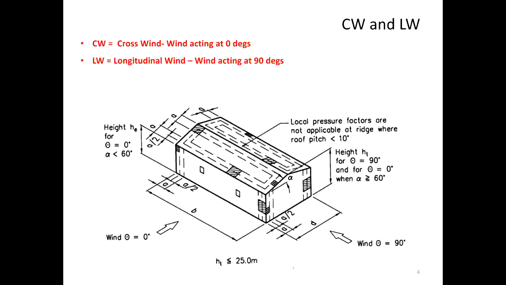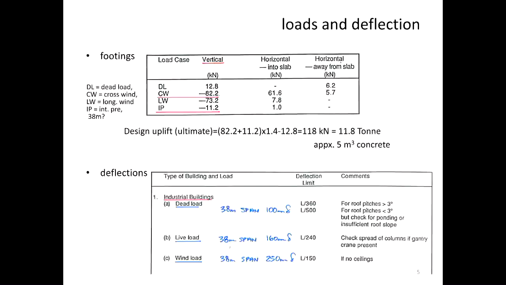Is that correct? So it's the same concept. In this case, longitudinal wind is 73, but crosswind is bigger, it's 82, which means crosswind is the most critical one. That is evident because the crosswind side of the building has a bigger area, so it will attract more wind. Is that right?